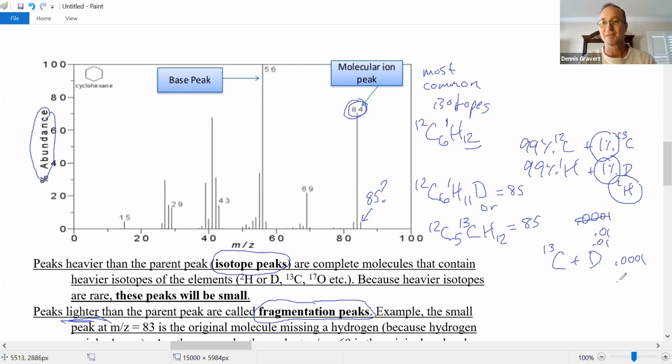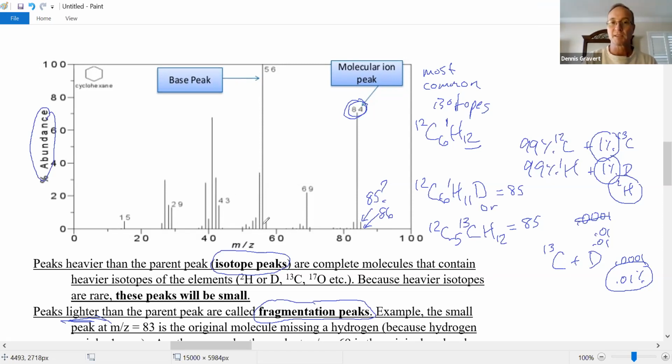That gives you that. Change it to the decimal. Okay, so that's only going to happen 0.01% of the time. Not very often. So if you zoom in, you might be able to detect a mass at 86 for the times when both a C13 and a deuterium atom show up in the same molecule.